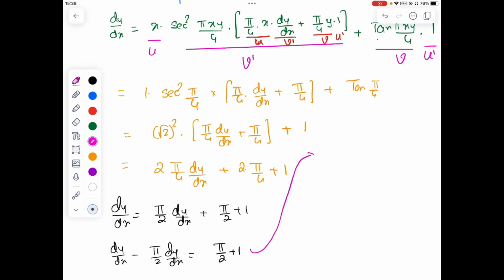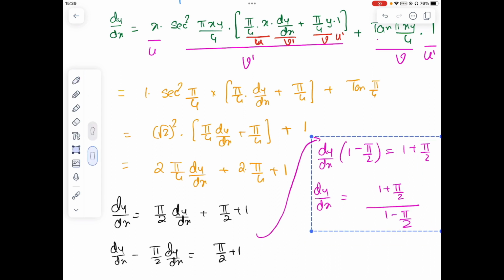Now I move it over here. So dy by dx common: 1 minus pi upon 2 equals 1 plus pi upon 2. So what does dy by dx become now? 1 plus pi upon 2 divided by 1 minus pi upon 2.